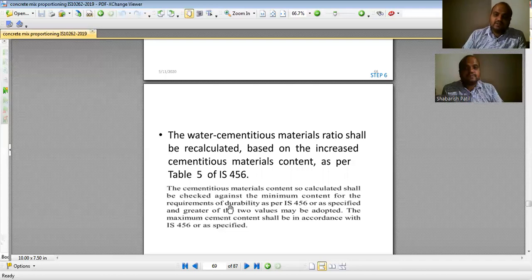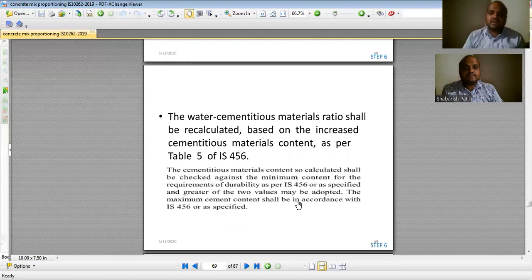You need to check this for durability. You should also check the maximum cement content and the permissible maximum free water cement ratio. If they are as per IS 456, you can proceed with the same value for the further calculations.